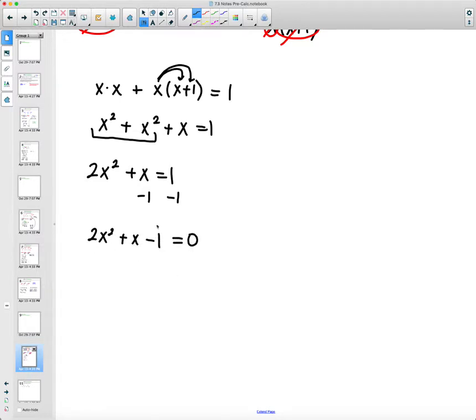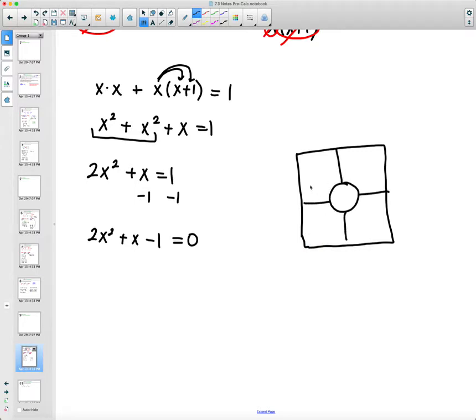So now you're going to need to factor this. So you can put it in the box. So put your 2x squared term here, your middle term of 1x in the middle, and then that negative 1. Then remember, we multiply these together.